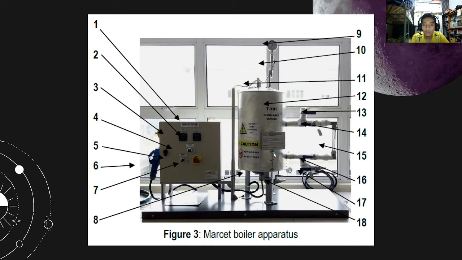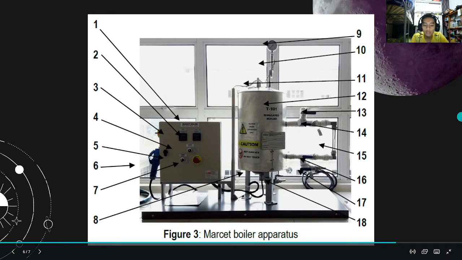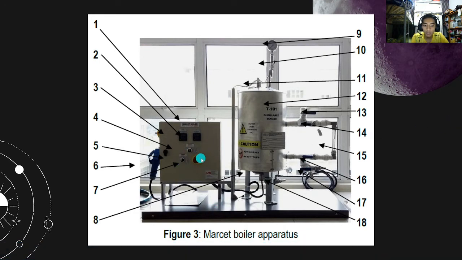First we will perform the startup procedure, and next we will switch on the power supply, and after that we will switch on the power supply for the heater and wait for the water to boil. And after that, we will close the valve MVB 102, the 13 one, until the temperature reaches 16.